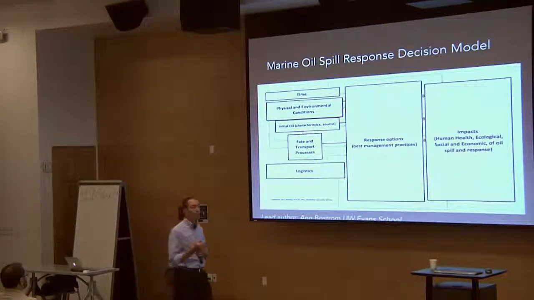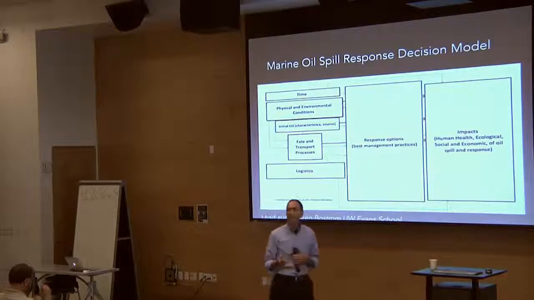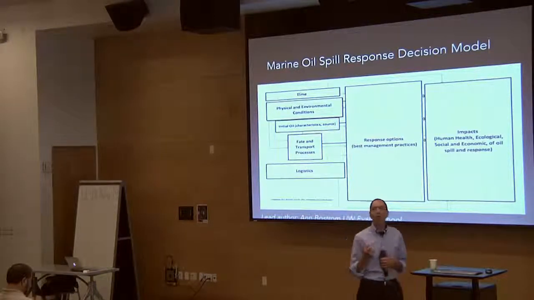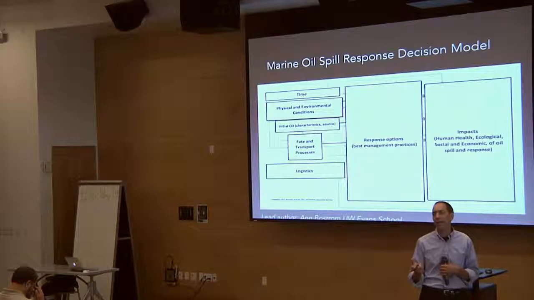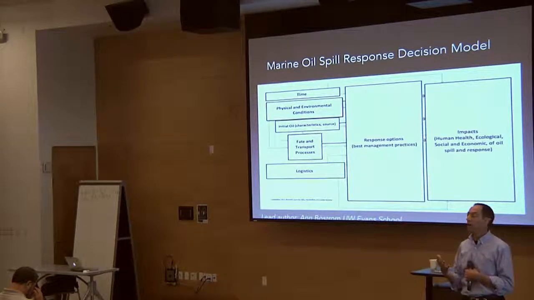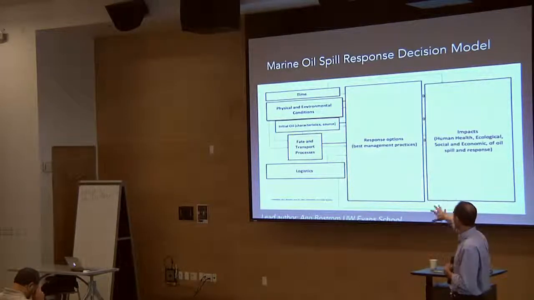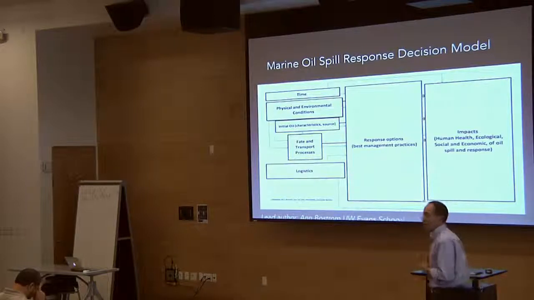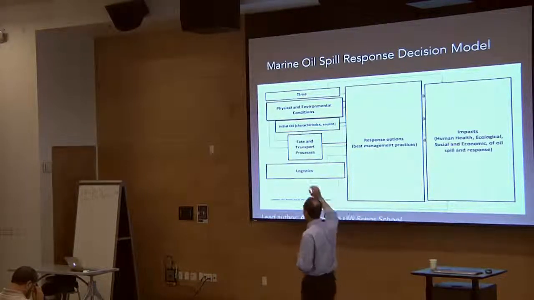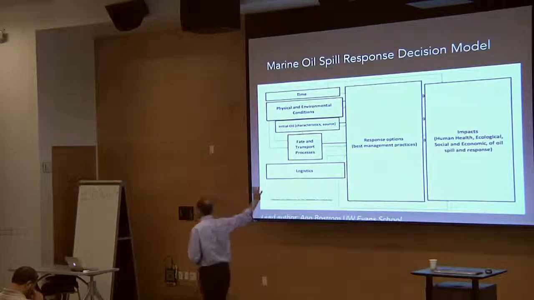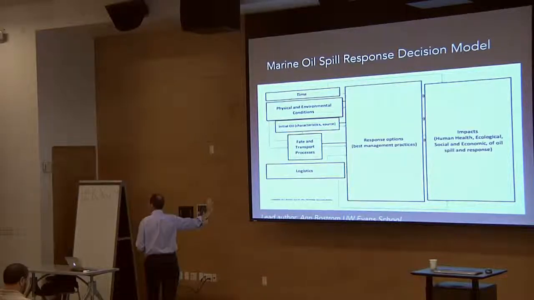And I would also say confusing. And that makes it difficult to communicate sometimes why actions are being taken in the context of the response. So this is just a little box model that talks about the relationship between what's happening in the physical environment, what you can do, and what the impacts are from that.